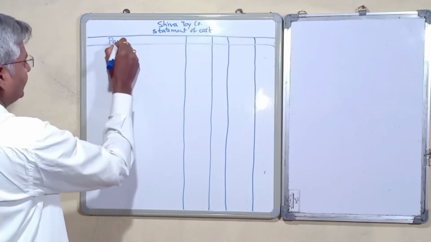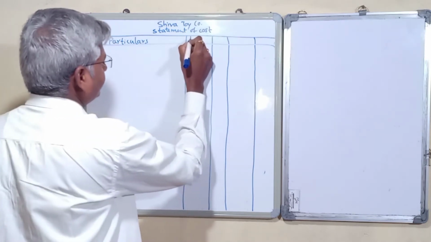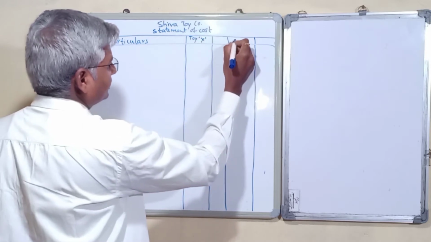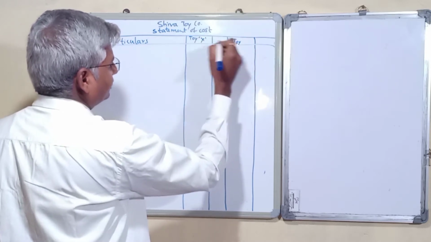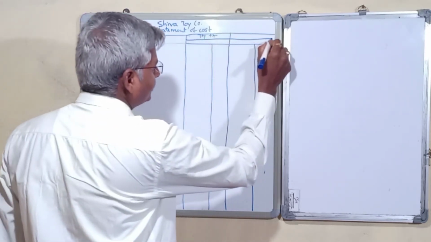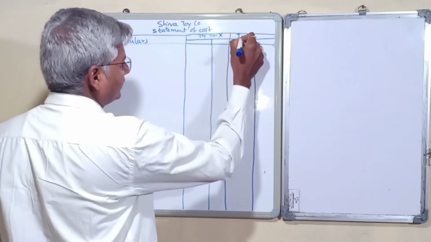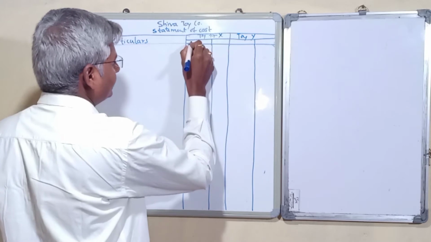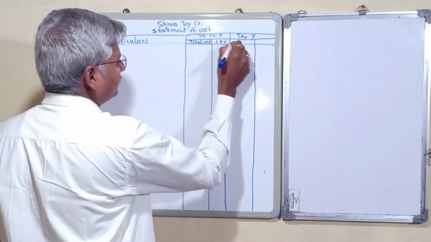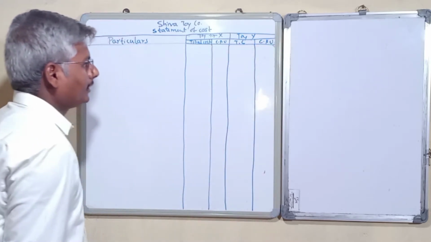So here particulars, toy type X, toy type Y. I'll make two rows in this, that is toy type X and toy type Y. This is total cost and this is cost per unit.